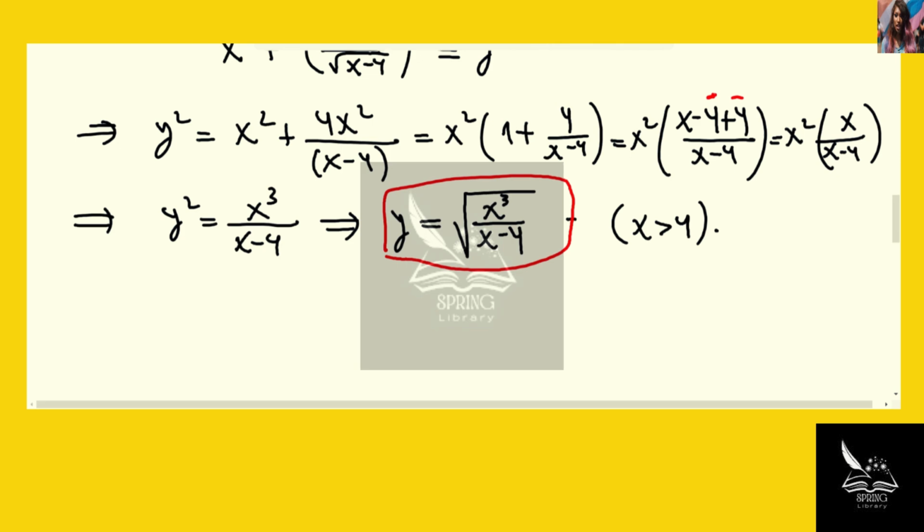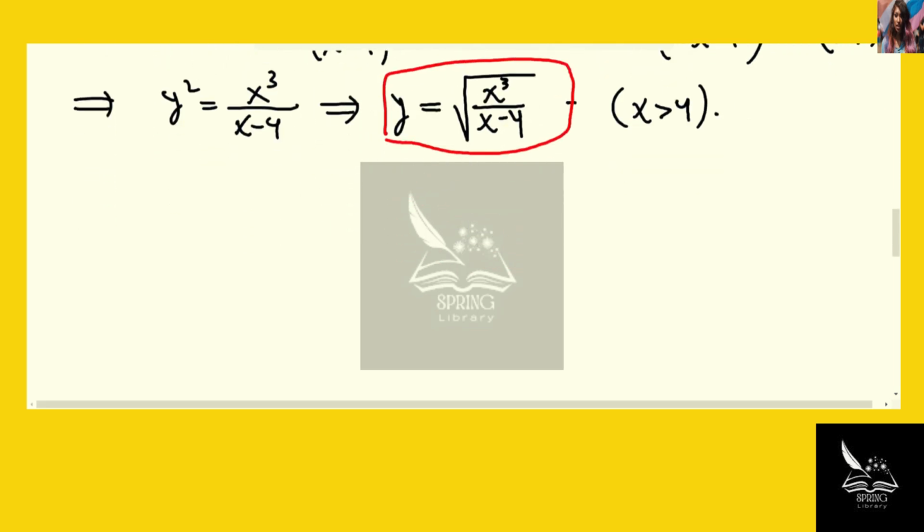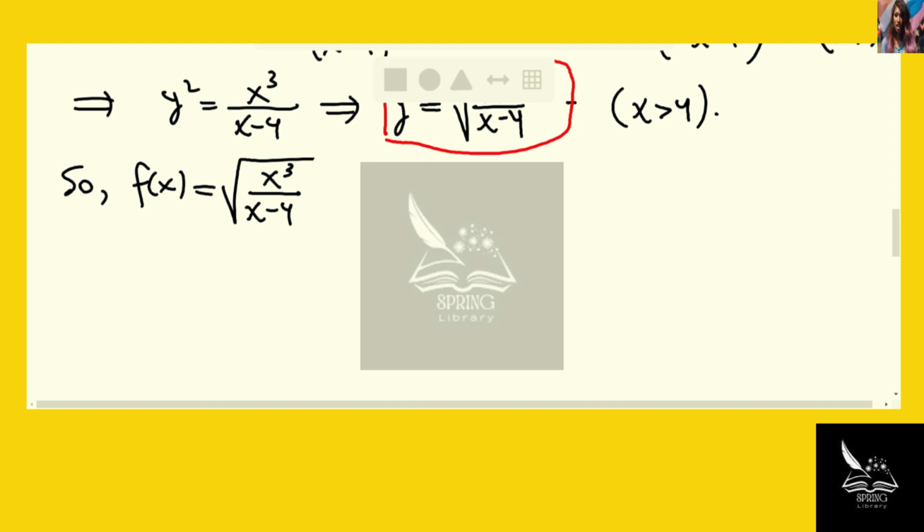Now we have to apply calculus here to find the minimum value of y and the corresponding x. For that, we need the derivative. So the function we are going to use is the square root of x cubed over x minus 4, and we need to calculate the derivative of this function.